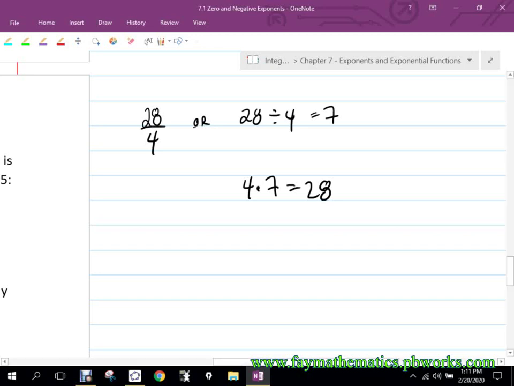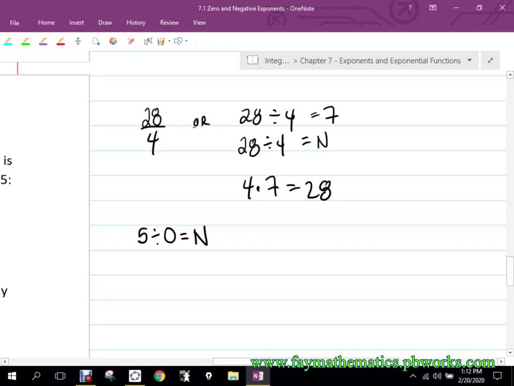If I'm going to take 5 and divide it by 0, I should get some number back like 7, right? I'm just going to call it n for now. Let's go back. So we understand this idea with 28 divided by 4 equals 7, right? Let's say I take 28 divided by 4, and that gives me 7, but now I'm going to call that n.